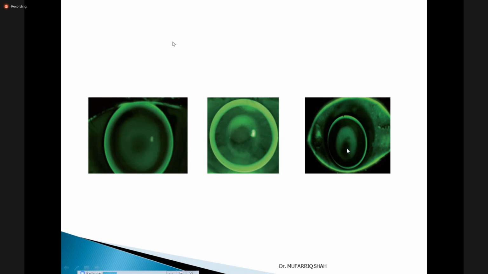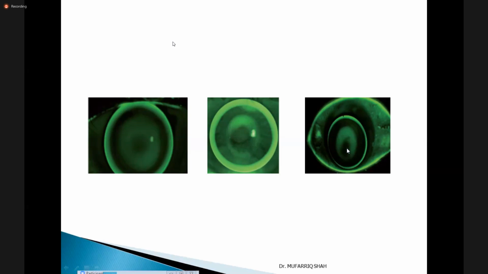I will increase the edge lift to standard flat. But maybe if you do it standard flat, the lens may come down. So in this case, you need to increase a little bit. You may need to increase the dia a little bit, and probably you will get the optimum fit.